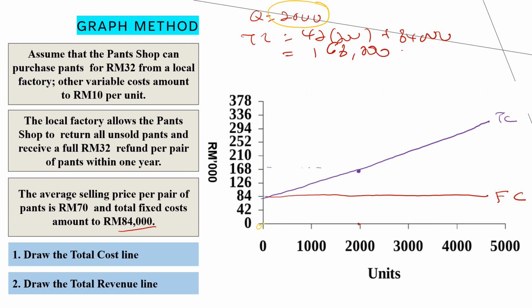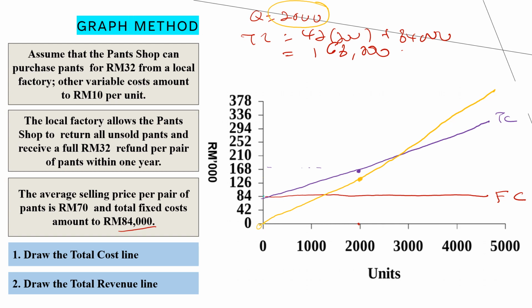So at 2,000, you are selling about 140,000. So where is 140,000? It might be here. So you have to draw from 0, and then you can get this line.